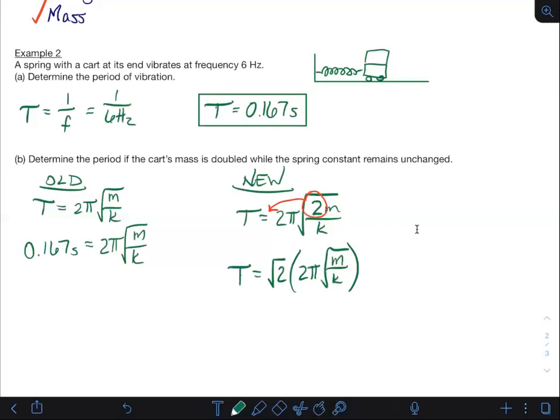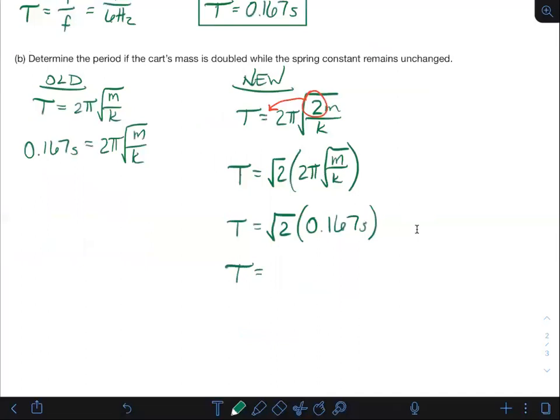And from part A, we know that 2 pi times the square root of m over k is the same thing as 0.167. So why don't I take that root 2 and just multiply it by 0.167 and find that when I add mass to this mass spring system, I end up getting a period that has increased to 0.236 seconds, which makes sense, right?